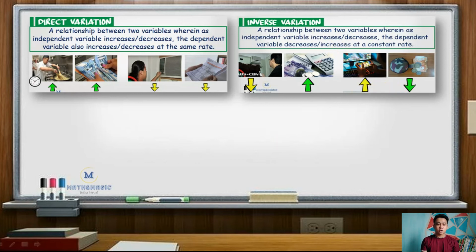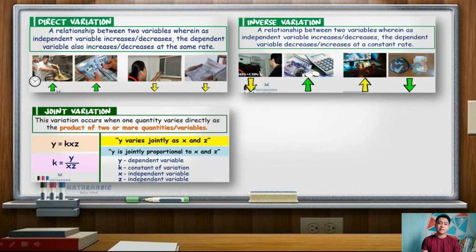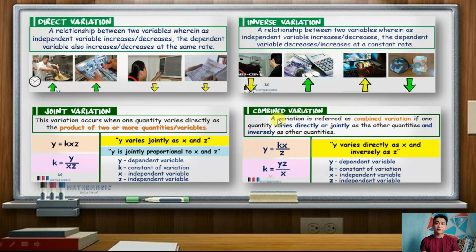For joint variation, as the independent variables increase, the dependent variable also increases at different magnitude. And lastly, for mixed or combined variation, here independent variables appear as direct or joint and inverse. Also, the dependent variable may increase or decrease depending on the independent variables in the numerator and denominator.